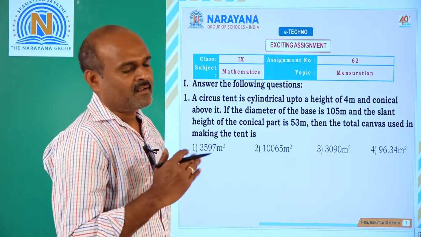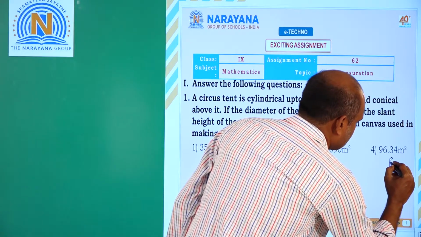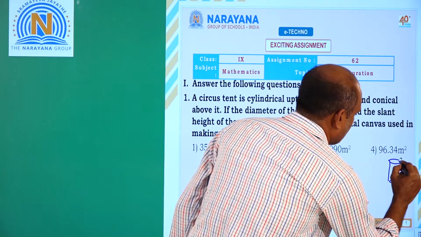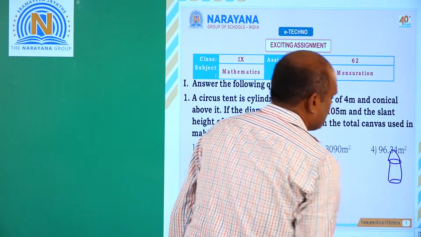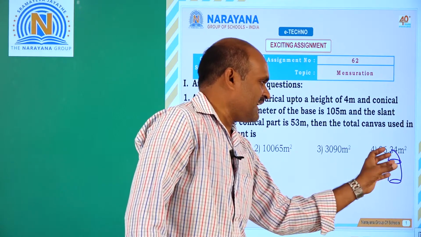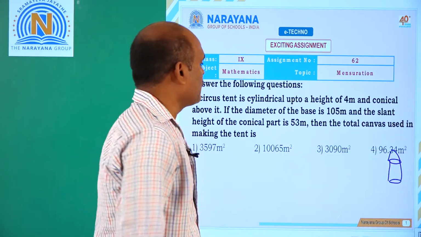Now we want to find, the circus tent is in the form of a cylinder with a conical part above it. Canvas required means lateral surface area of the cylinder plus lateral surface area of the cone.